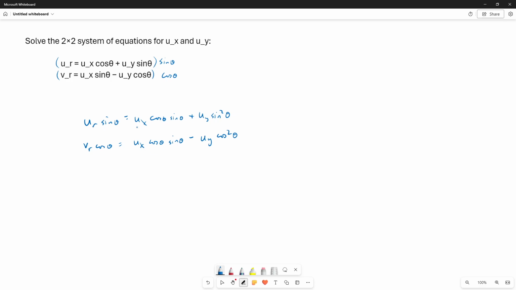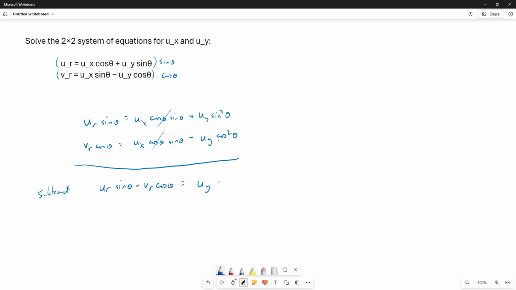So now that these two are exactly the same, we will subtract. And we get u sub r sine theta minus v sub r cosine theta is equal to, if we subtract, this term minus this term just completely cancels, and we get this term minus this term.